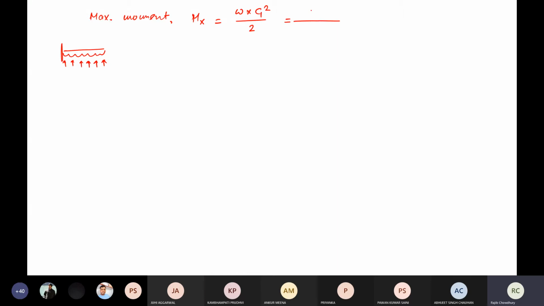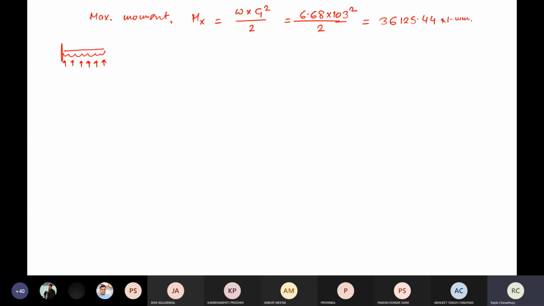So that means it is becoming, we had already calculated 6.68 multiplied by 10, actually it should be 10³ squared divided by 2. So this is becoming something like 36,125.44 Newton mm.